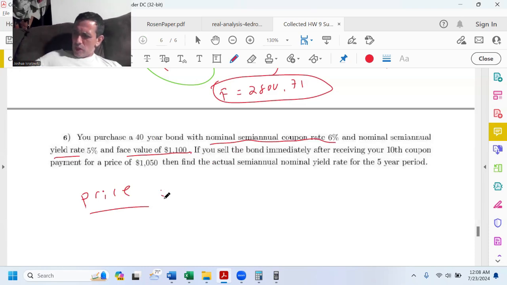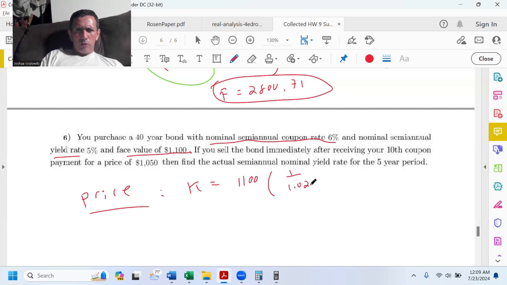So again, maybe it's easiest to do Makeham's formula. It's up to you. So face value 1,100, yield rate of 5%, so 1.025 to the 80.